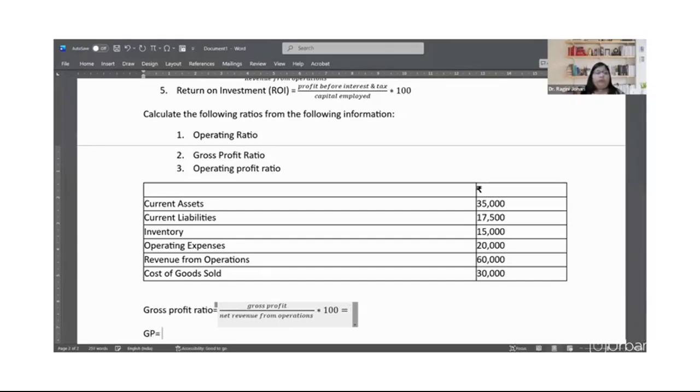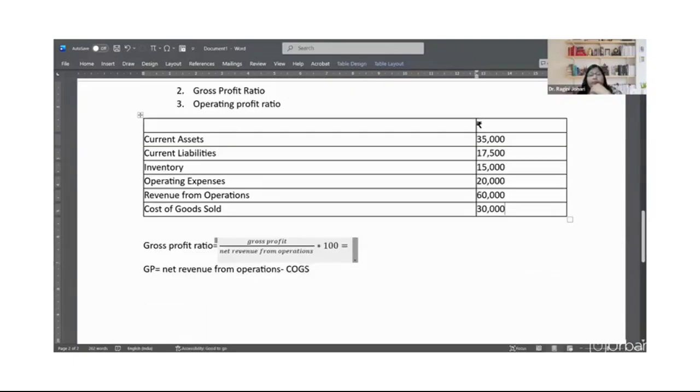So gross profit is net revenue from operations minus cost of goods sold. Now, revenue from operations is given to us as 60,000. Cost of goods sold is given to us as 30,000. So, using these two figures, how much gross profit do we get? We get 30,000 as the gross profit.